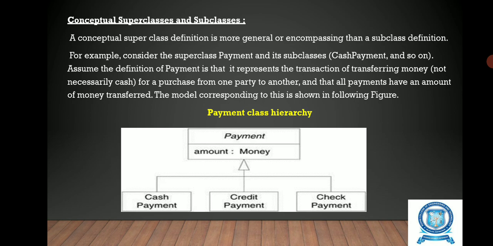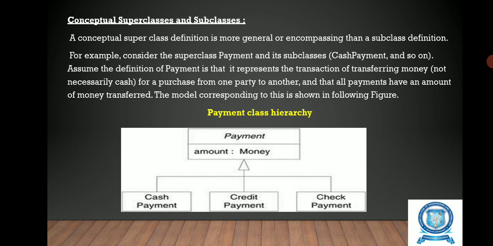A conceptual superclass definition is more general or encompassing than a subclass definition. For example, consider the superclass payment and its subclass, maybe cash payment and so on. Assume the definition of payment is that it represents the transaction of transferring money, not necessarily cash, for a purchase from one party to another, and that all payments have an amount of money transferred.